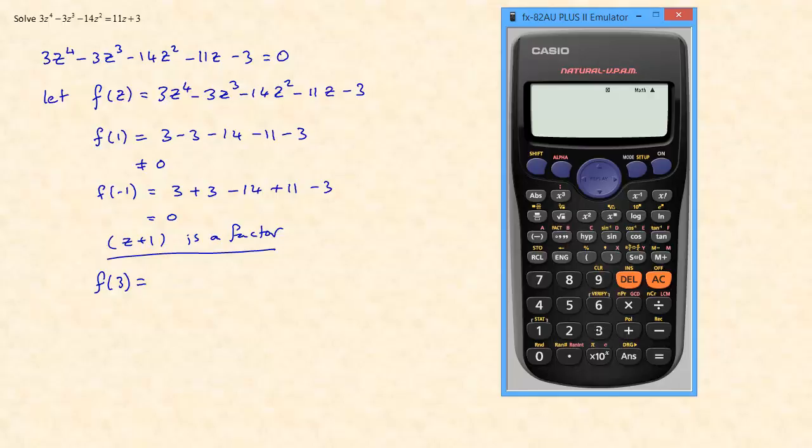So that's going to be 3 multiplied by 3 to the power 4, take away 3 multiplied by 3 to the power 3, take away 14 times 9, take away 11 times 3, take away 3.